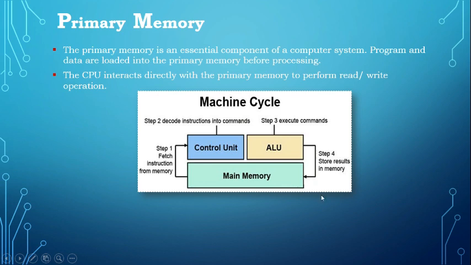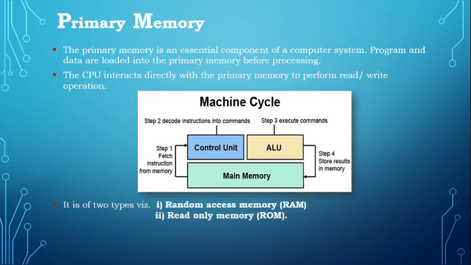This way one cycle goes on, that is called the machine cycle. This primary memory is of two types. One is random access memory, that is RAM, and second is the read-only memory, that is ROM.